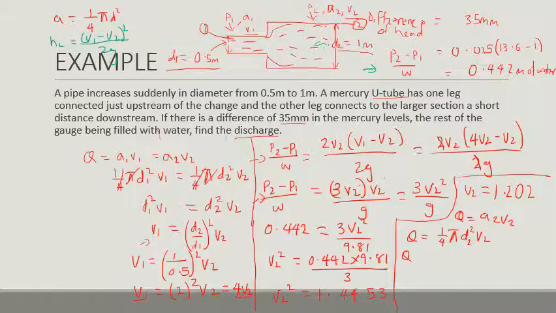So Q will now be equal to 1 over 4 pi, multiplied by D2 square, which is 1 square, multiplied by V2, 1.202, and the answer to this, Q, will now be equal to 0.943 meter cubed per second. This is the answer to this example.